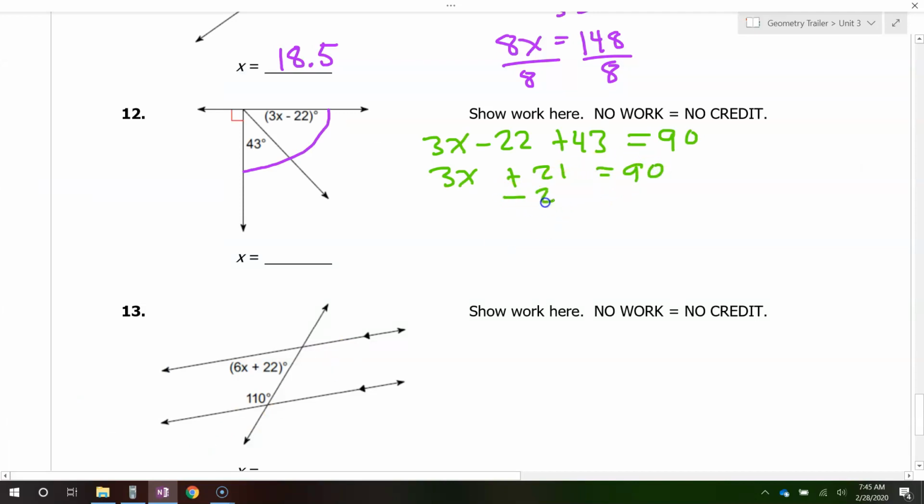So if we subtract 21 from both sides, that's going to give me 3x is equal to 69. And then if we divide both sides by 3, then that's going to be 23. All right, so x is 23.